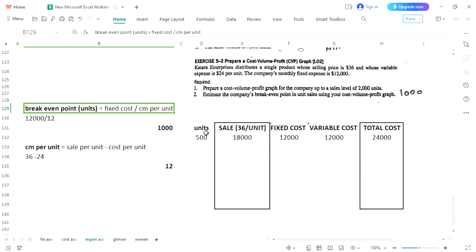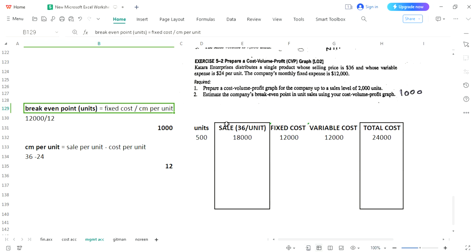For the graph, you will have to do these sorts of things. You will choose some number of units which is less than the given number of units, and some units will be more than that of 2000. So what we have done, 500 units we have chosen. And what actually break-even point is, where your cost is equal to your revenue.